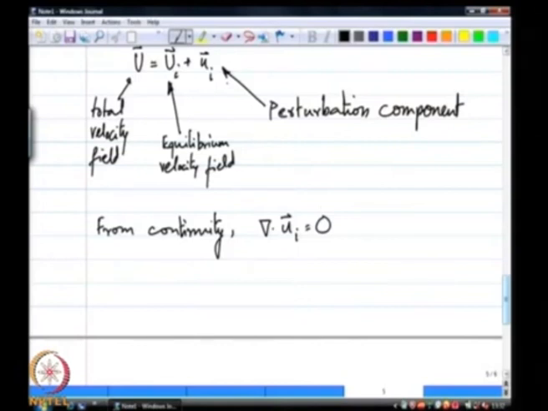This says that the perturbation velocity field is also divergence free, meaning the perturbation velocity field has to instantaneously obey this incompressibility condition. Essentially, del dot u being 0 is coming from the fact that the fluid is incompressible.